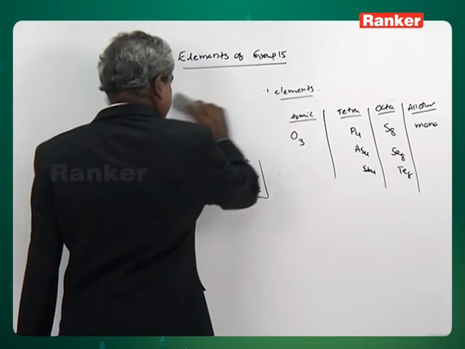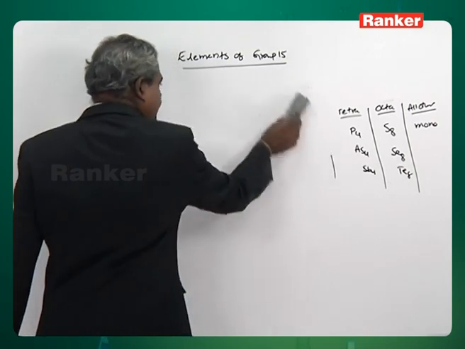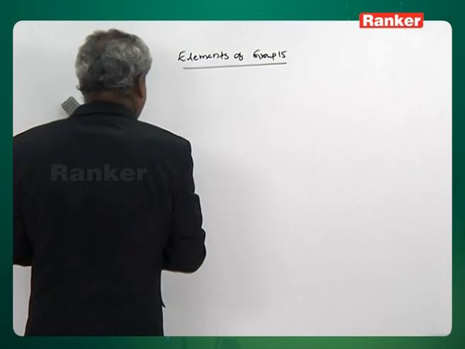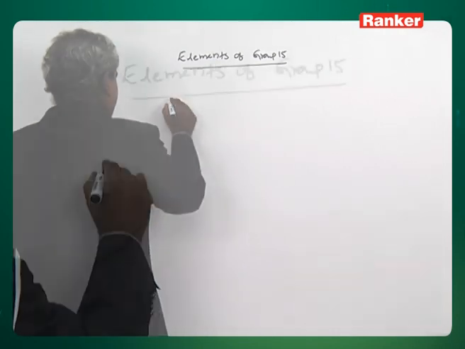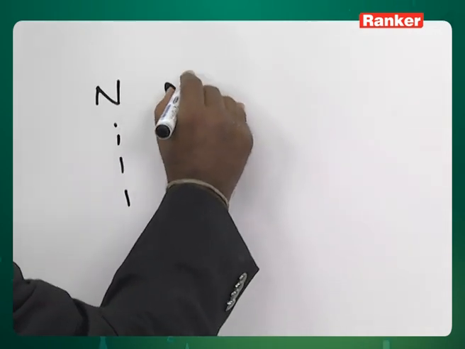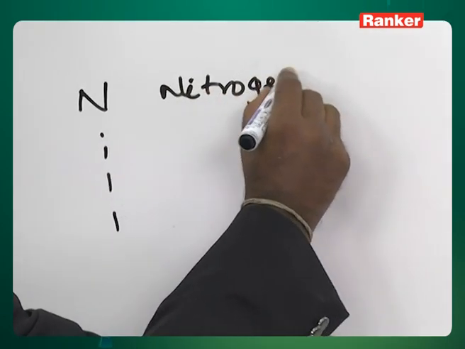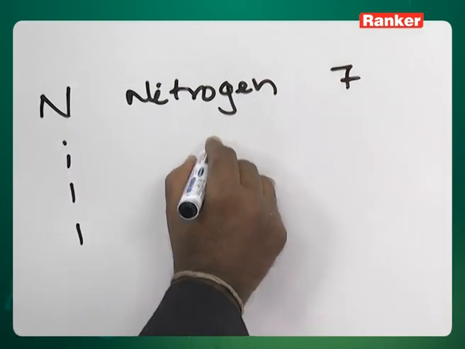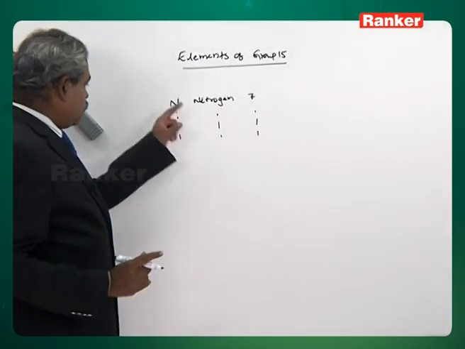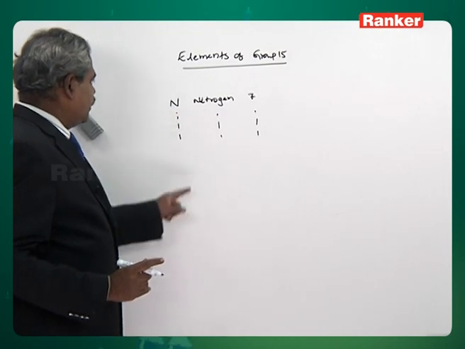Now, having said that, you should be able to do the same work for everything. What have we discussed so far about nitrogen, phosphorus, etc.? The name, the symbol, the atomic number, how to find other atomic numbers for all other groups, oxygen, sulfur, selenium, tellurium.